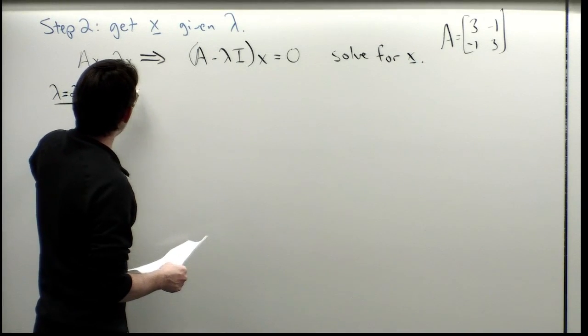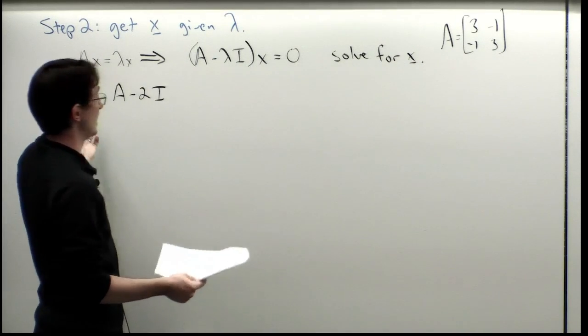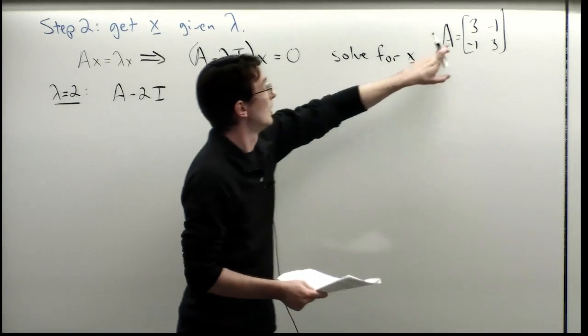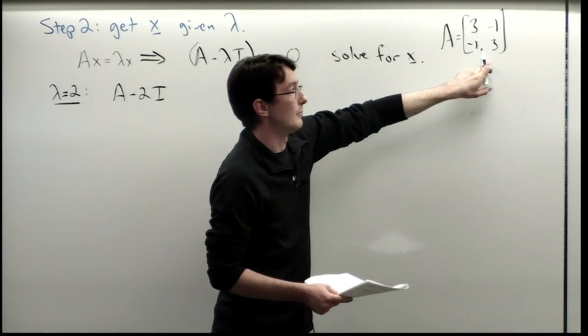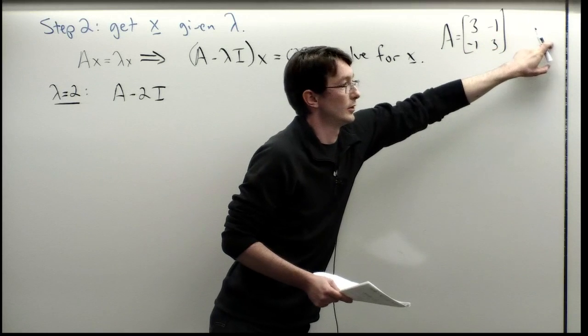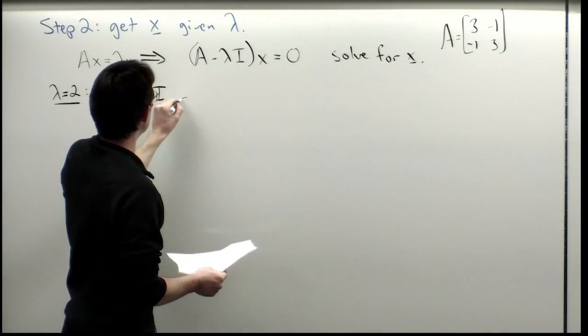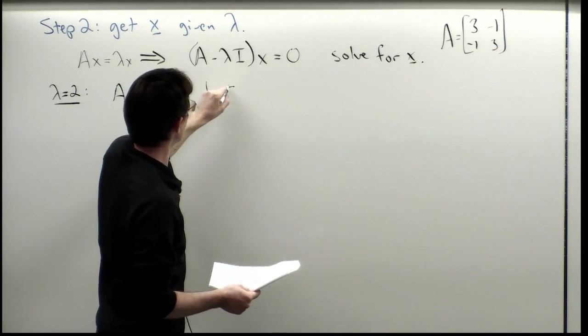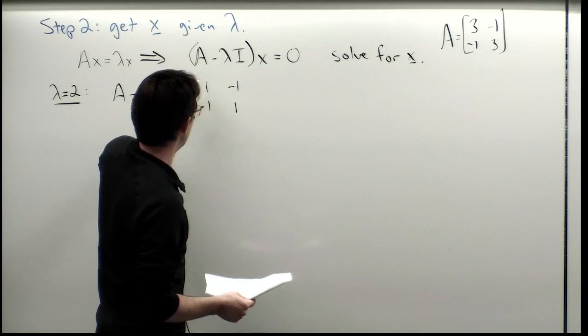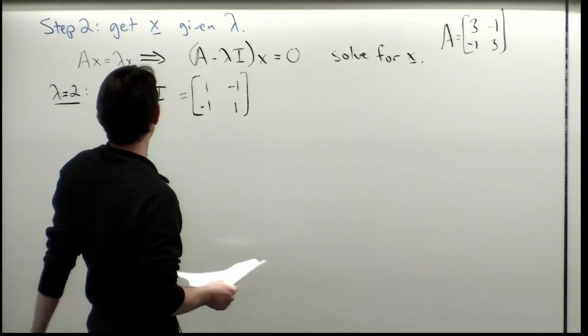What is A minus 2 times the identity? Well, this matrix A minus 2I, with 2 on the diagonal, is equal to [1, -1; -1, 1].